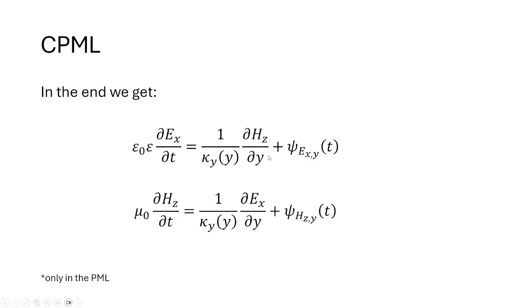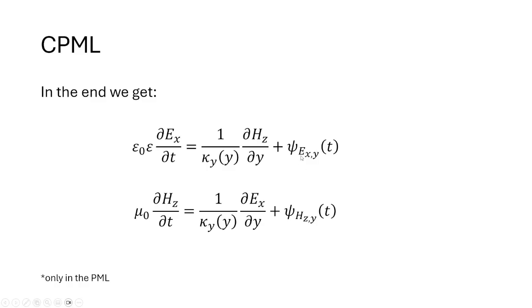It's literally just multiplication. And then we have this plus psi at t function here. And we have a psi for the electric field Ex, and we have a psi for the magnetic field Hz. And again, all of this is only in the PML. Outside of the PML, we can solve the regular Maxwell's equations.